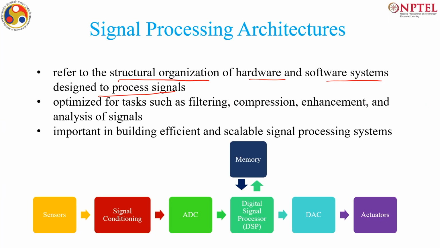Similarly, in signal processing architecture, you should have these elements organized such that it is optimized for tasks such as filtering, compression, enhancement, and analysis of signals, which are basically the different signal processing tasks.